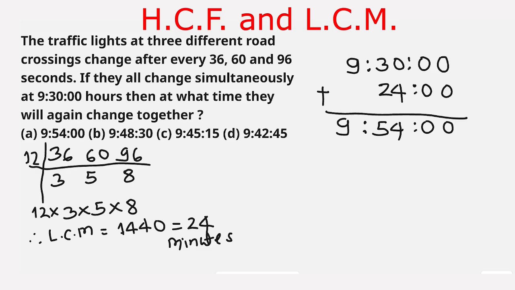So they will change together again at 9 hours 54 minutes. And from the given options, our answer is option A, 9 hours 54 minutes. I hope you have understood the method of solving such type of questions. We go to the next question.